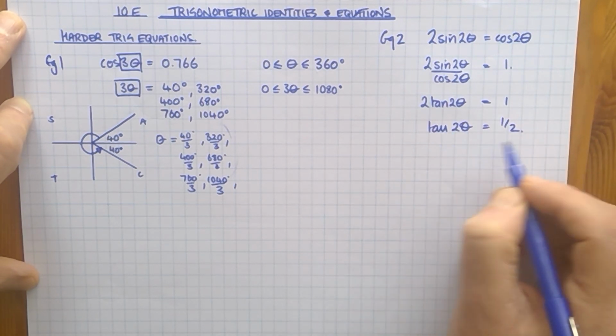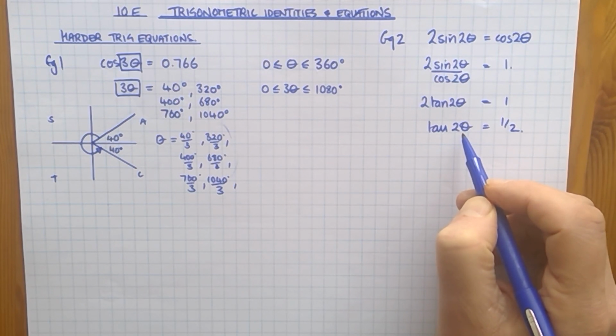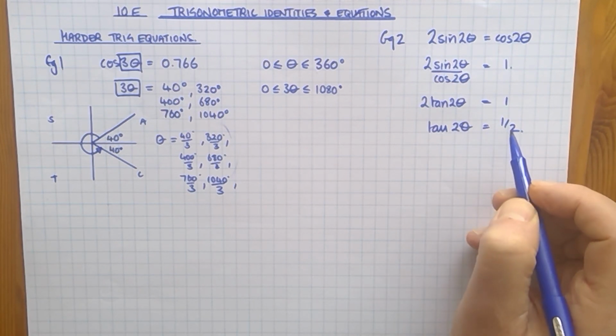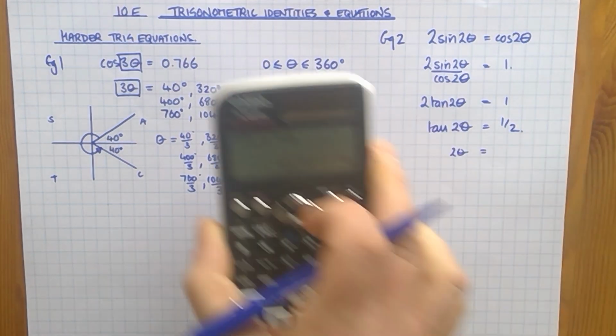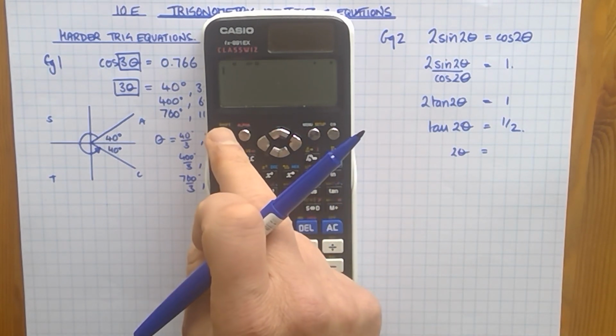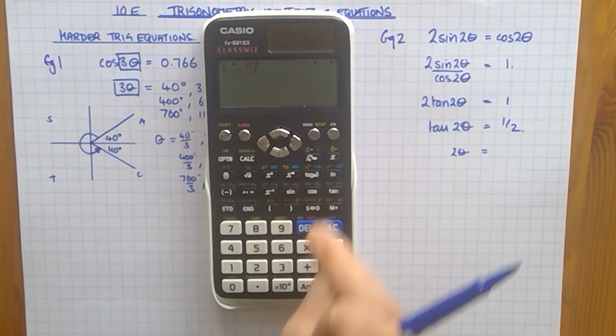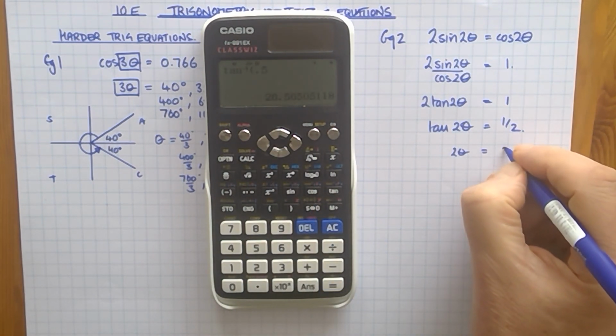So now I'm going to find out all the values of 2 theta for which tan 2 theta equals a half. I'm just going to press a few buttons on my calculator. You may know this one already, but if tan 2 theta is a half, I'm in degrees, shift tan 0.5 gives me 26.6.